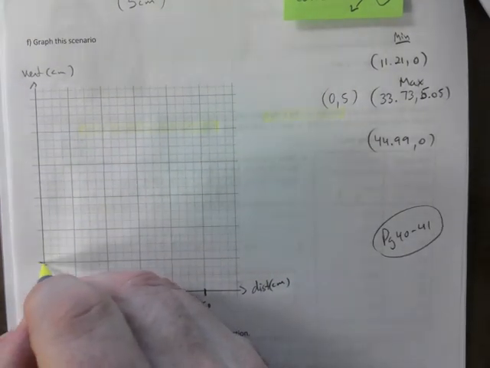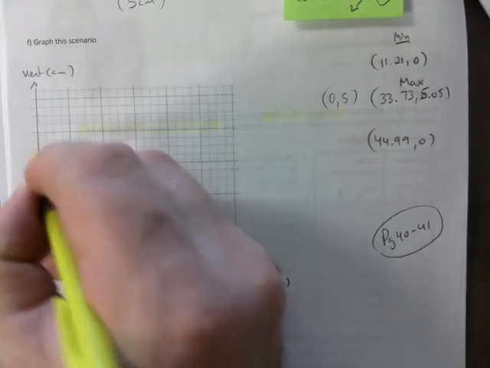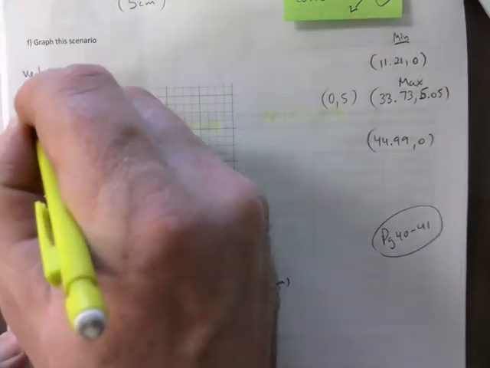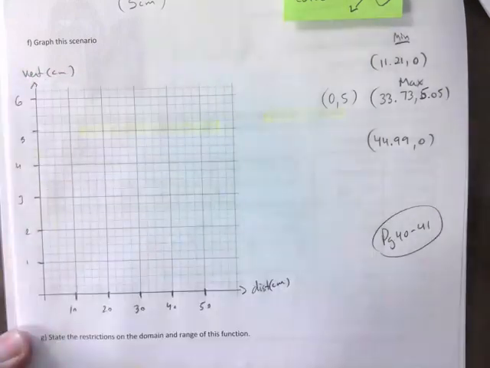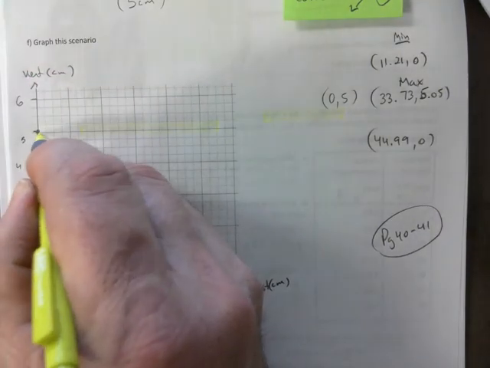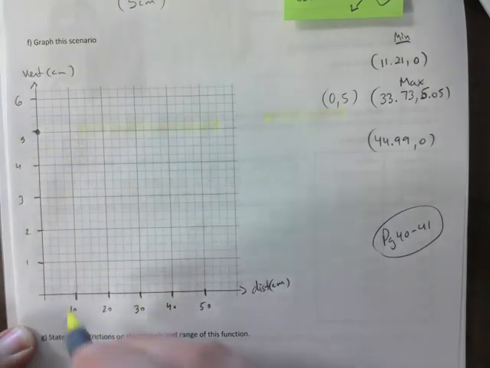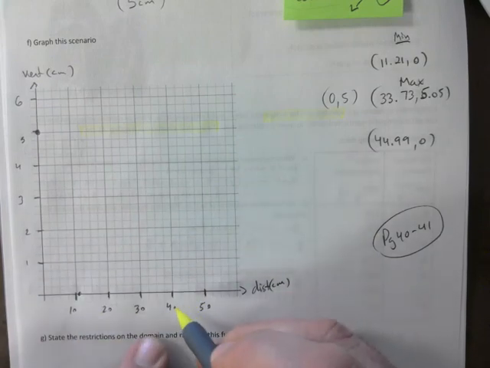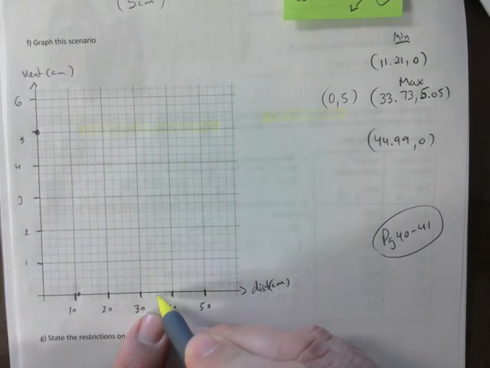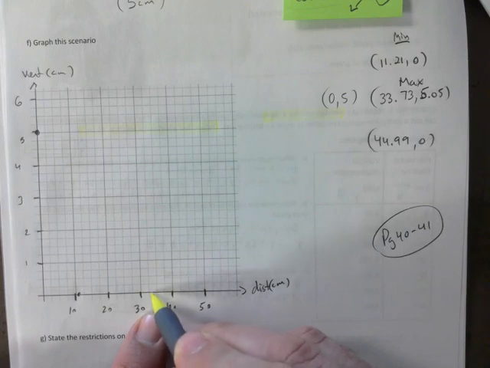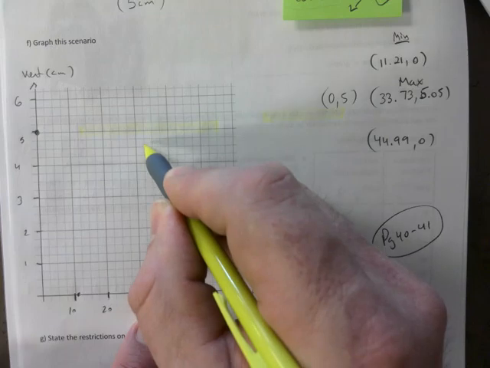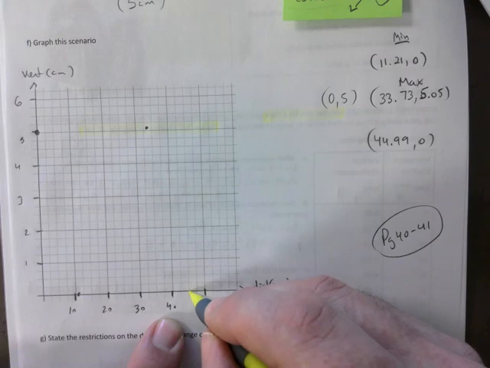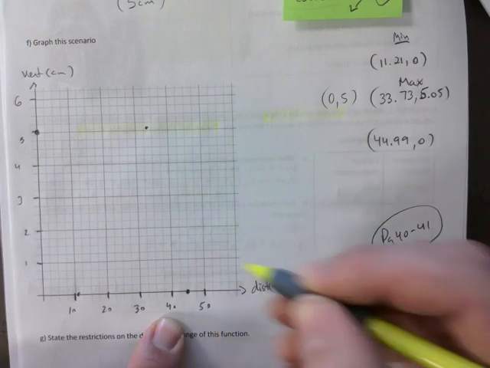I will graph this as well. So I need to go all the way up to 5 or 6. So 1, 2, 3, 4, 5, and 6. 0, 5 is right there. 11, zeros right here. 33, this would be 35 here, so 33 is right about there. 505, just a little over, and then 44.99 is basically 45.